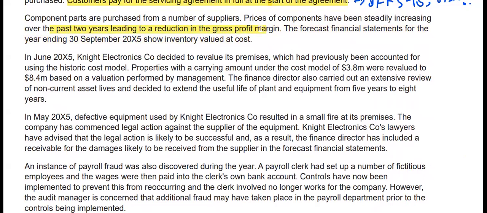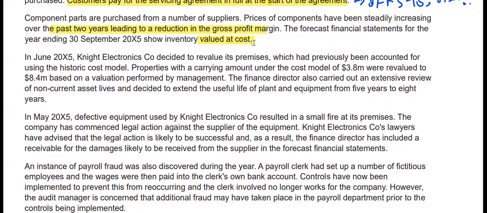The forecast financial statements for the year ending 30th September 2025 show inventory valued at cost. What do you think? What's the risk here? You can write that the prices of components have been steadily increasing over the past 2 years, leading to a reduction in gross profit margin.